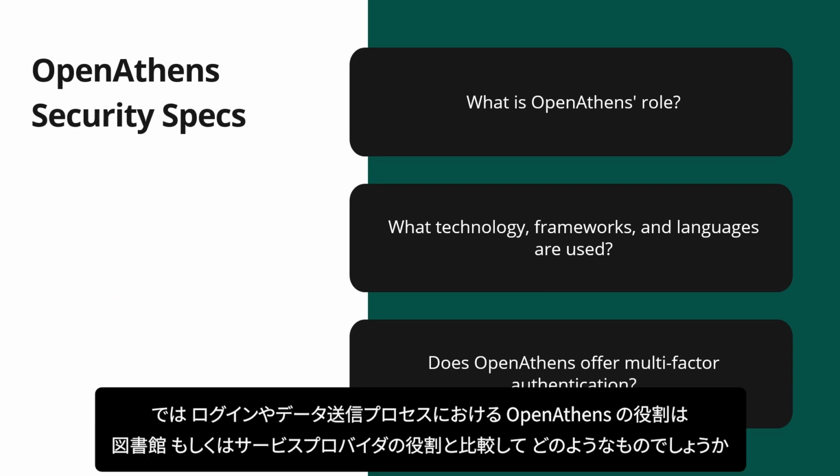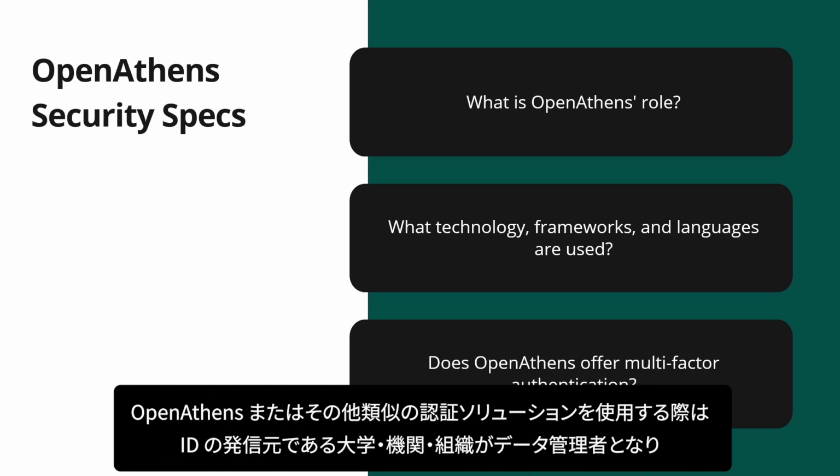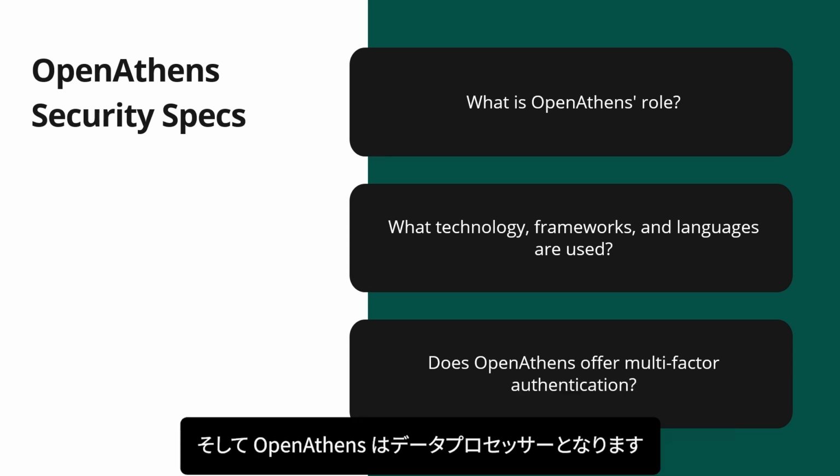So what is OpenAthens' role in the login and data transmission process relative to the library's role or to the service provider's role? When using OpenAthens or any other similar authentication solution, the institution where identity originates is the data controller. And in this scenario, OpenAthens is called the data processor.